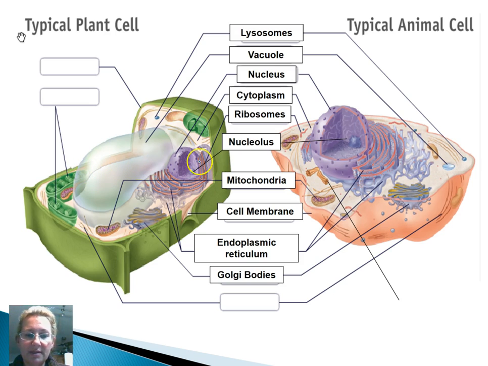Now, if you notice, the animal cell vacuole is really tiny, and there's usually a few of them around the cell, whereas a plant vacuole generally tends to be one large vacuole. And that's because plants need to store a lot of water for photosynthesis, and plants don't have skeletal systems like animals do, and that water pressure within the cell helps give it stability.